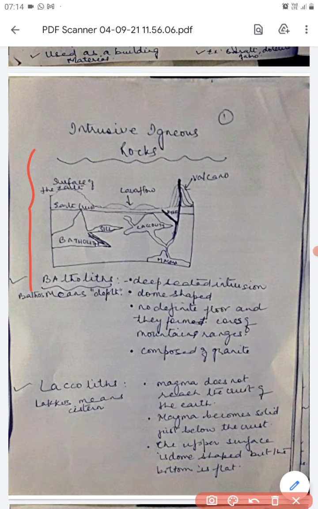As you can see in this diagram, this is batholiths, this is laccoliths. Now this is magma, this is a volcano, and from the volcano the lava has come out, and this is the lava flow, and this is the surface of the earth. This line, as you can see, is the earth crust.